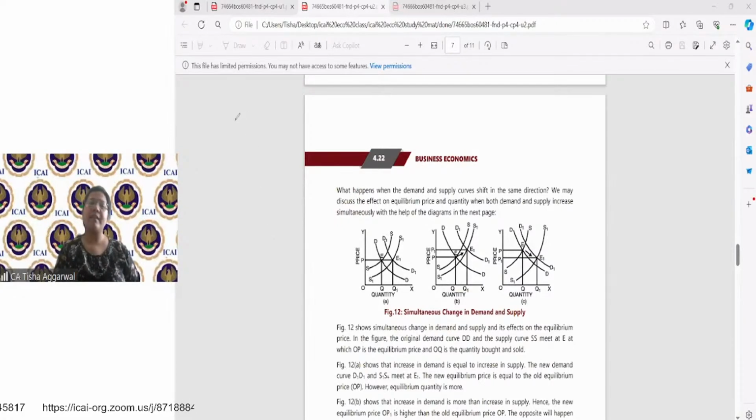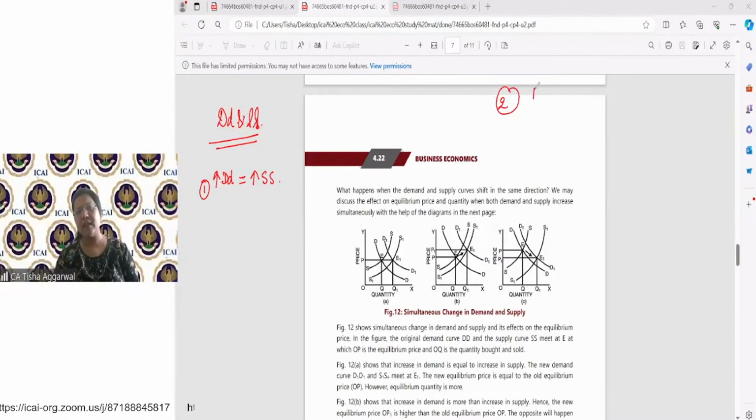Please understand, when there is a simultaneous change in demand and supply, again there are three conditions which work. First one is wherein the increase in demand is equal to the increase in supply. Second case is increase in demand is greater than increase in supply. Third one is increase in demand is less than increase in supply.